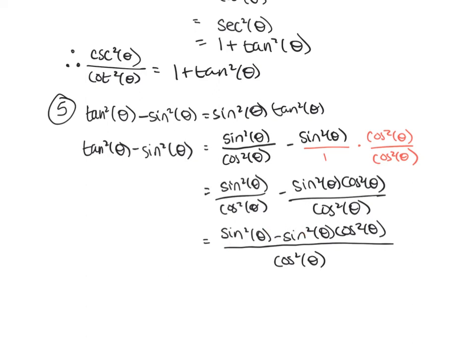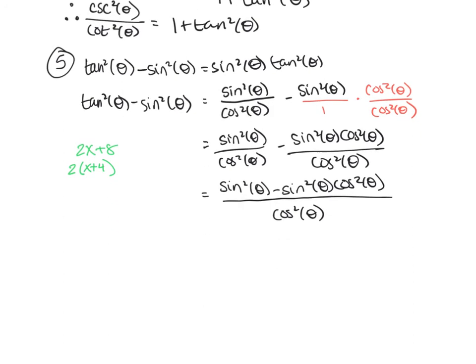Just like if I gave you a problem of 2x plus 8, and I said factor out what they have in common. Well, they both have a 2 in common, so I can say this is 2 times x plus 4. If I was to take this 2 and multiply it back in, this is what I would get. So when I take a look here, I see that my 2 terms have a sine squared in common.